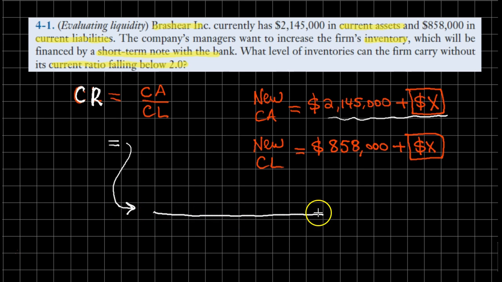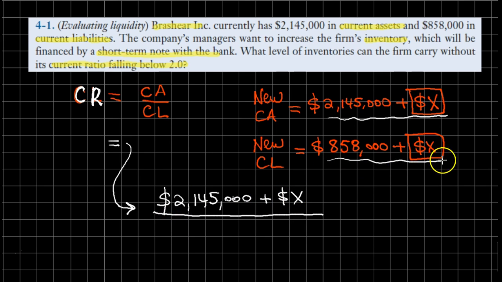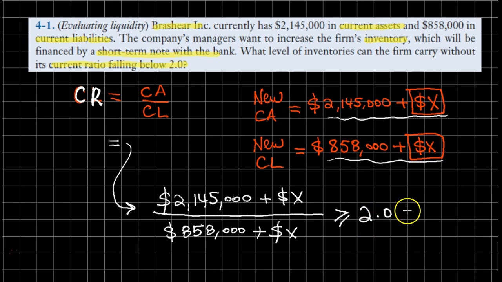So we have this new ratio, which is $2,145,000 plus X dollars divided by the new current liabilities, which is $858,000 plus X as well. And the firm has a concern, and we don't want that ratio to fall underneath 2.0. So we want to make sure this ratio is well above 2.0 all the time. So that's our target.